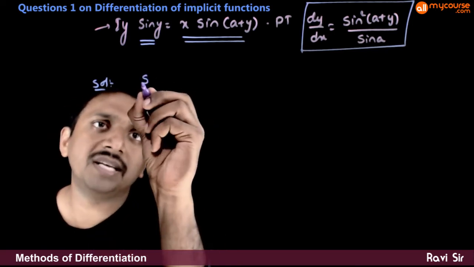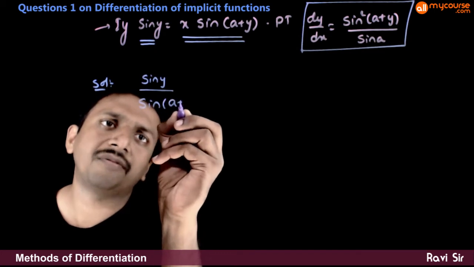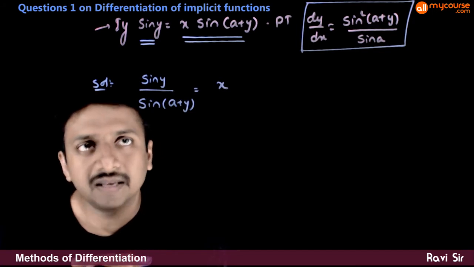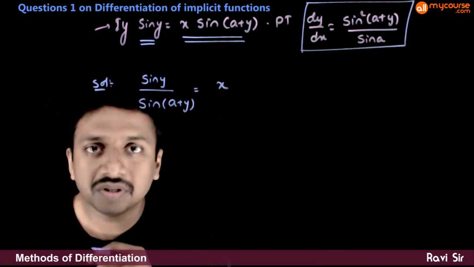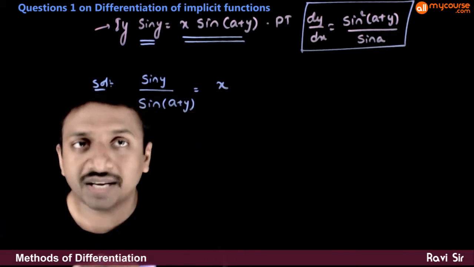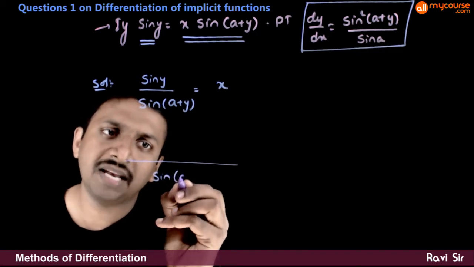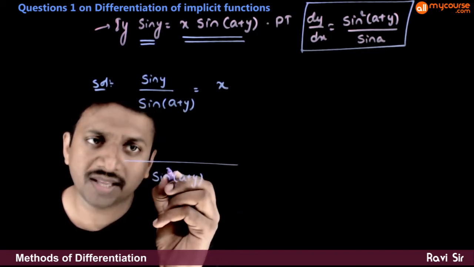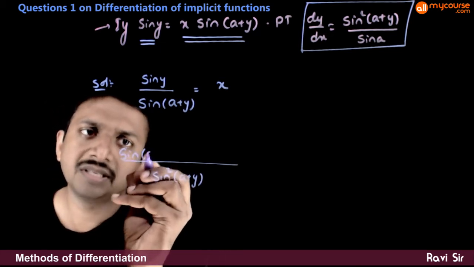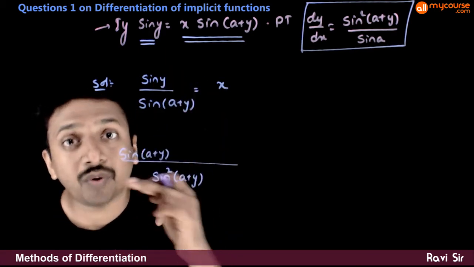So here what we do is sin y by sin of (a plus y) is equal to x. Let us differentiate both sides with respect to y. On the RHS, you get sin of (a plus y) whole squared, that is sin squared (a plus y), and v u dash: sin of (a plus y) into differentiation of sin y with respect to y.